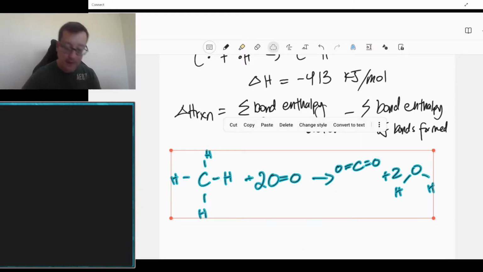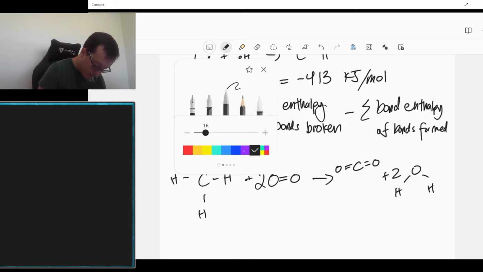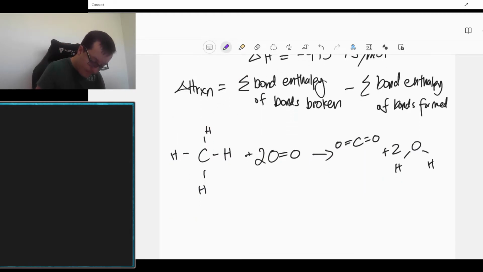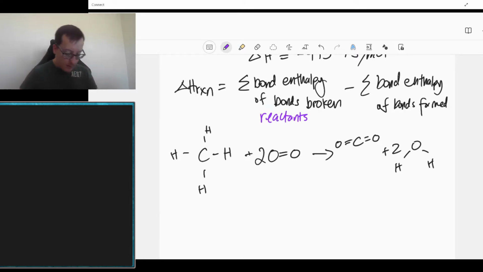These are going to be bonds in our reactants. So let's see, we have a bunch of CH bonds in our reactants. We have no CH bonds in the products.